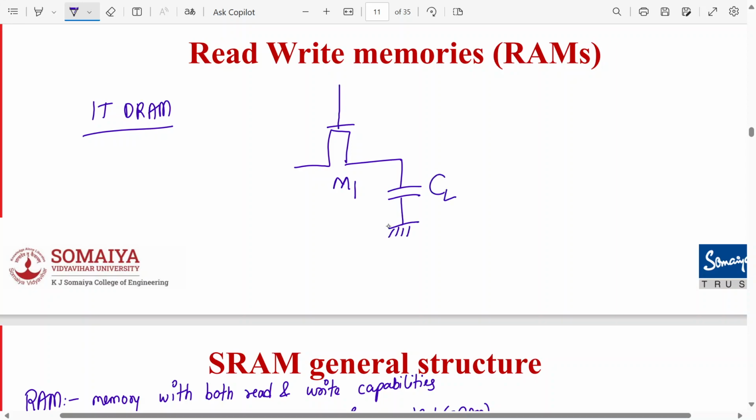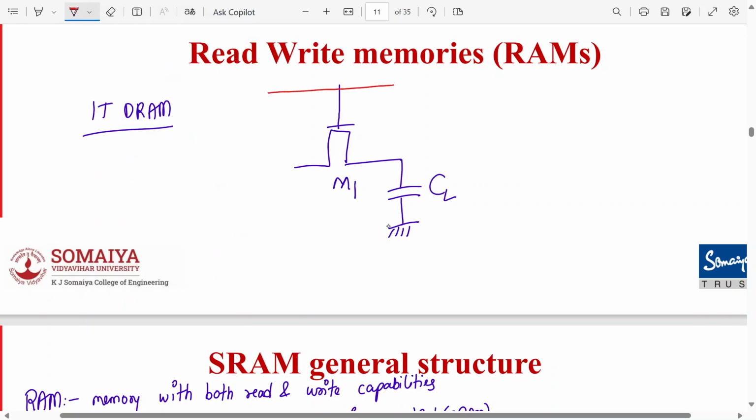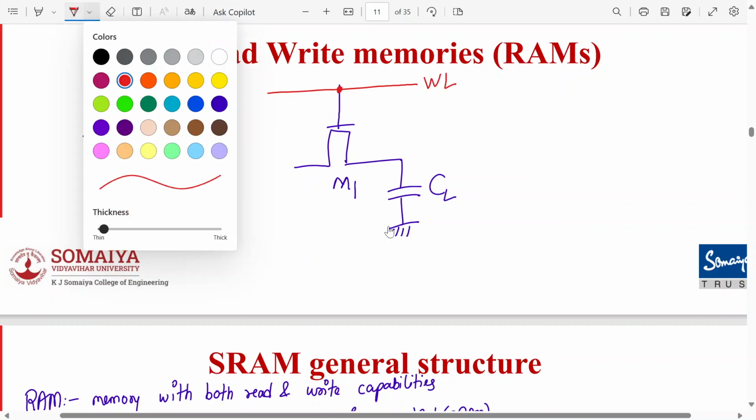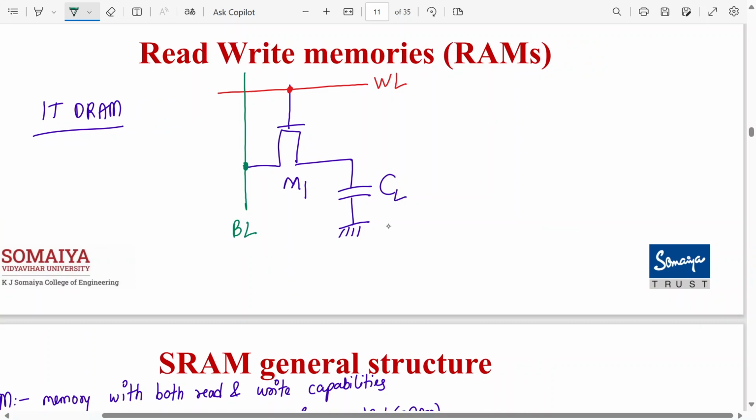Then here we have a word line, and on this side we have a bit line. I'm just explaining the simple structure of a 1T, one transistor DRAM.